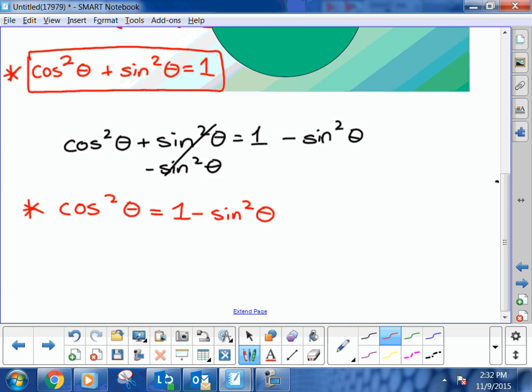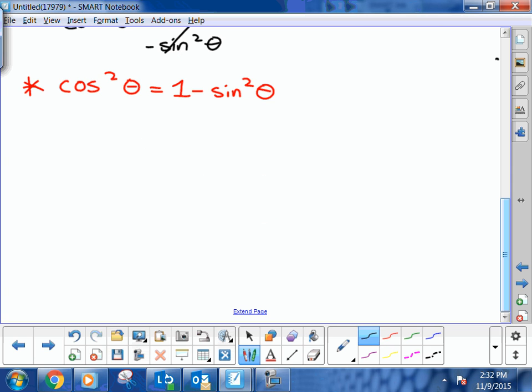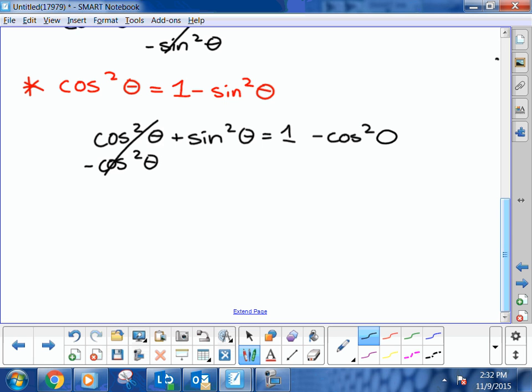There's a third one that is developed pretty easily just by isolating the sine. So let me go ahead and rewrite it again. Cosine squared theta plus sine squared theta is equal to 1. If I isolate the sine, and I subtract cosine squared theta, so very similar to Pythagorean theorem, just with trig, you pretty much have the same properties.